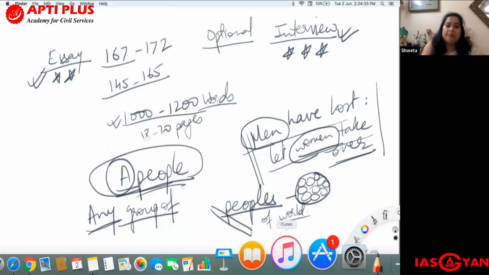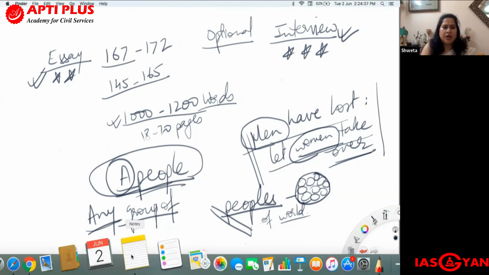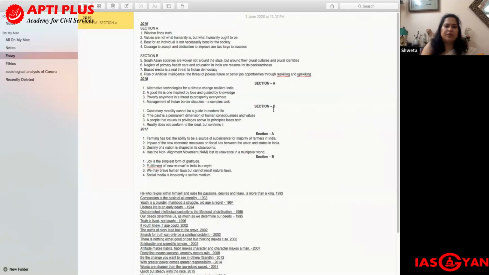So this is a new expression for many of you. I would advise you people to understand this expression and go ahead with it in terms of usage. Anyway, getting back to the topic, we all can see it's saying a people means any group of people, any community that values its privileges above its principles loses both.